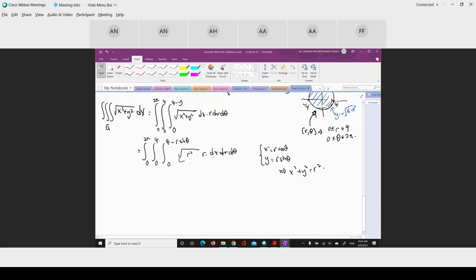So we integrate r squared with respect to z, which gives r squared z. Then we replace z by 0 and z equal to 4 minus r sine theta, then dr d theta.